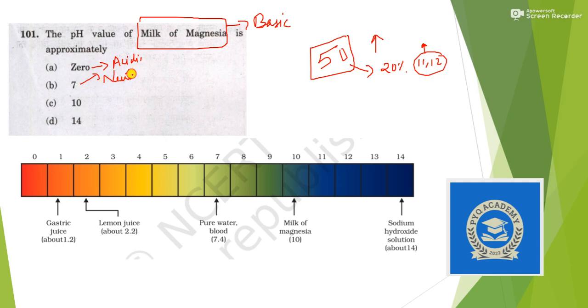Now we will have confusion between these two, but if you have gone through this image, you can definitely see here that the pH value of milk of magnesia is 10.